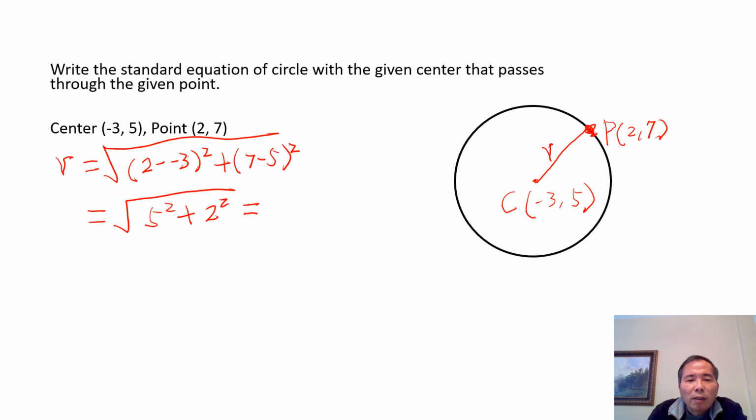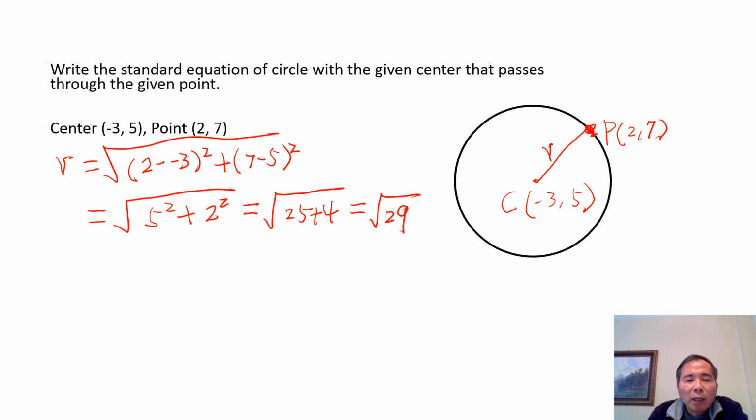So that is the square root of 25 plus 4, which is the square root of 29. We just leave the square root of 29 there because ultimately we want r squared.